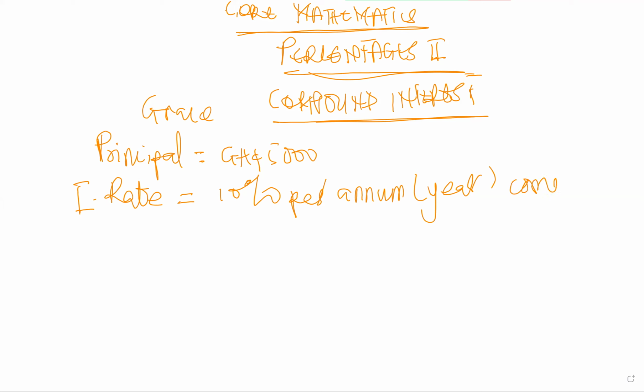The bank was specific. They said they're giving her 10% per annum compound interest. So they have specified the kind of interest: compound interest.